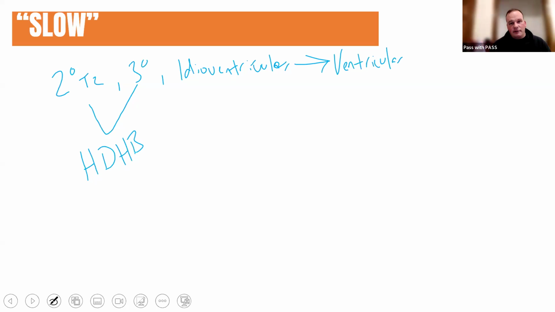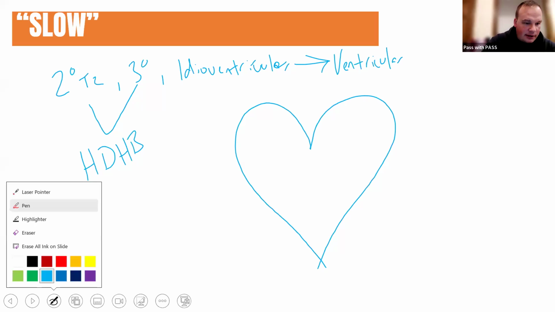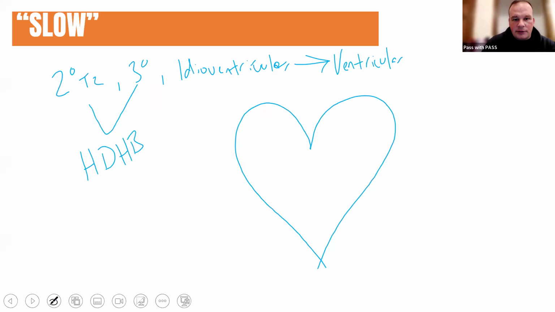Now, with a second degree type 2 and a third degree heart block, these are high degree heart blocks. Here's your heart. Remember, your heart looks just like that, right? So here's your SA node. Here's your AV node. Here's your bundle of His. Here's your bundle branches and your Purkinje fibers that innervate your ventricles there.